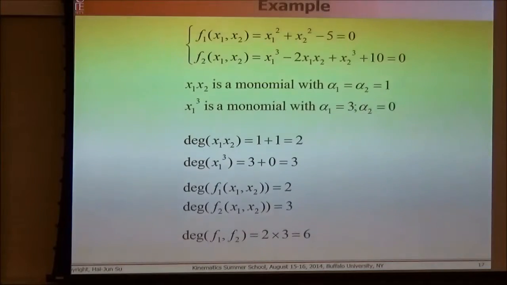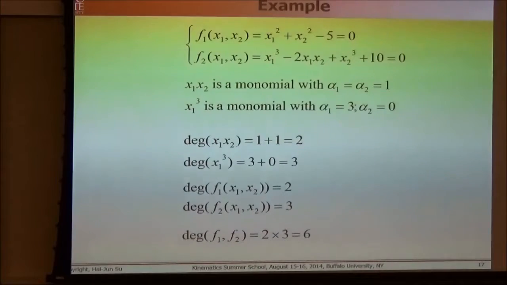An example of this: here it's a quadratic, this is a cubic, and x1 x2 is a quadratic term. You can find that this is a 6-degree polynomial system because this is degree 2 and this is degree 3. So 2 times 3, that's 6. Okay.